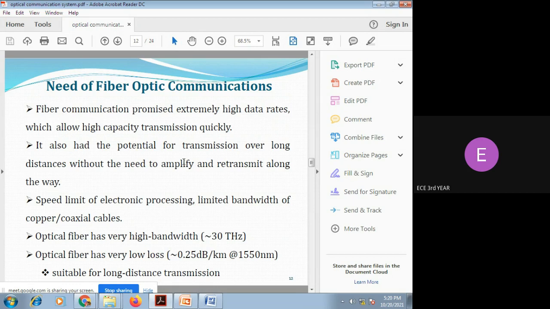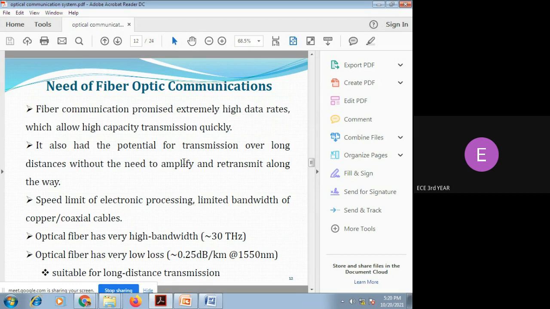Speed limit of electronic processing, limited bandwidth of copper and coaxial cable. So, very high bandwidth up to 30 terahertz, low loss of 0.25 dB per kilometer at the 1550 nanometer fiber optic window. These are the needs.